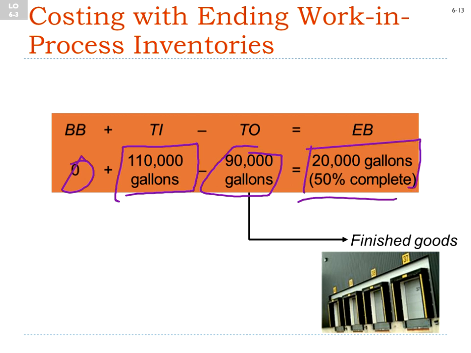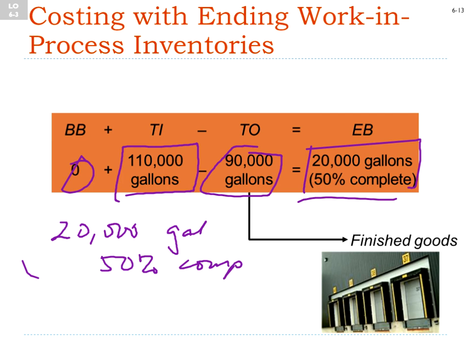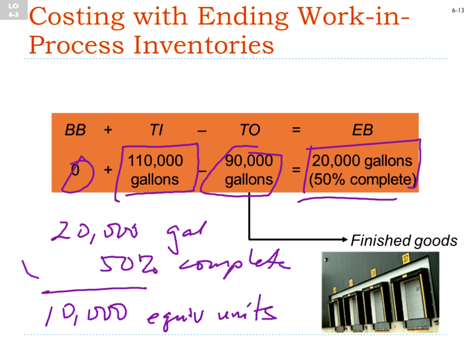So now we have to calculate equivalent units. If you have 20,000 gallons of paint cans, but they're only 50% complete, that means that you really only have 10,000 equivalent units of paint cans.